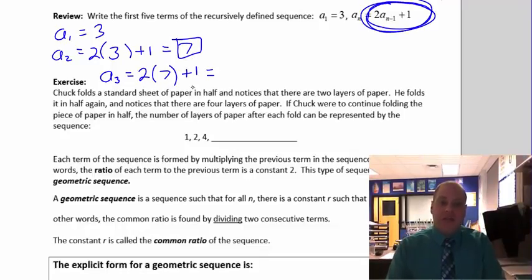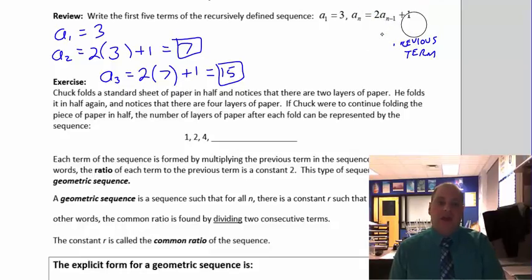That's what this means. 2 times the previous term plus 1. So I'm just going to put an arrow there. Previous term. Just remember that an minus 1 means the previous term. 2 times 7 plus 1 is 15. So now I know that a3 is 15.